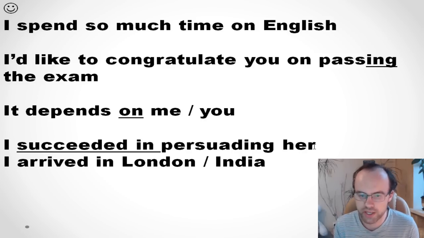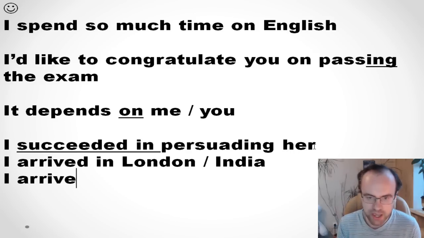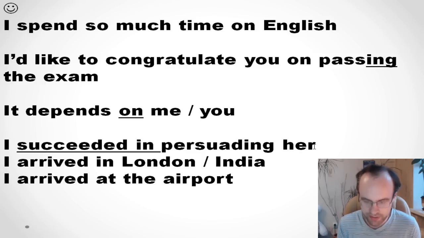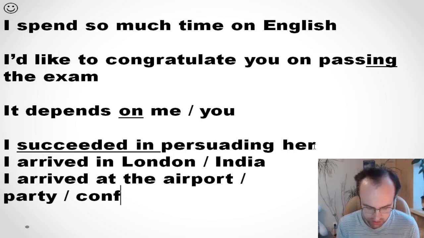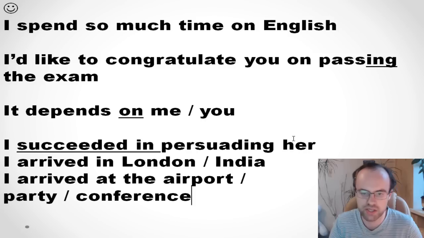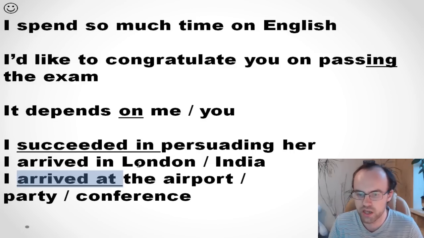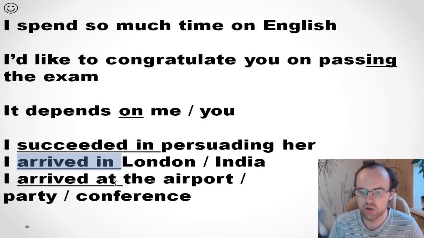If it's a small place, like the airport, I arrived at the airport. I arrived at the party. I arrived at the conference. If it's a small place, we use at. Remember these phrases: arrive at the airport, arrive at the party, at the conference. If it's about a city or a town, you need to use arrive in. Okay, good. I arrived in London, I arrived in India.